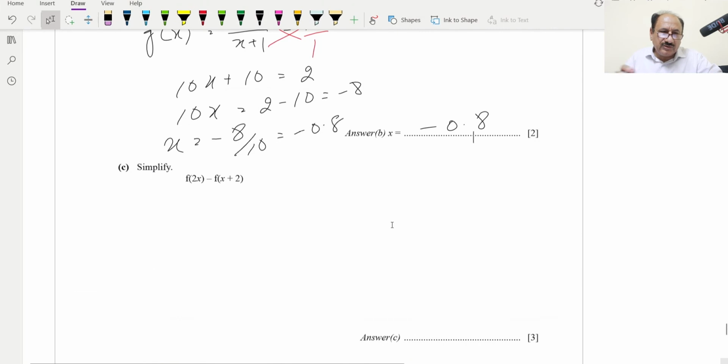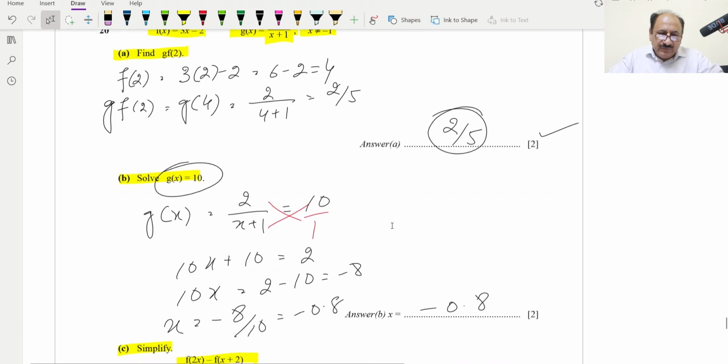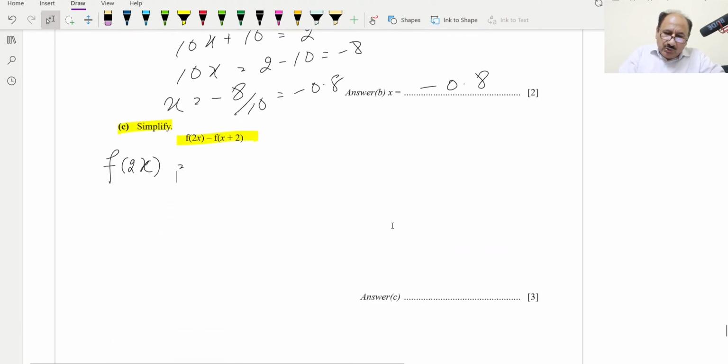Hopefully you understood this. Now part C says simplify this one, f of 2x minus f of x plus 2. For f of 2x we replace x by 2x in f of x, and f of x is 3x minus 2. So 3x will be replaced by 2x, giving 3 into 2x minus 2.